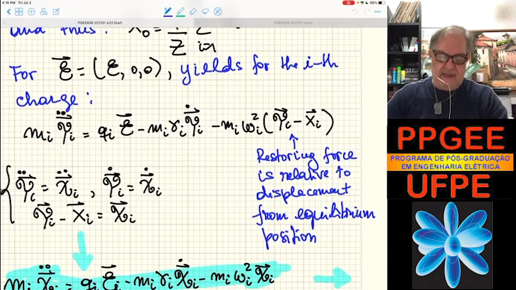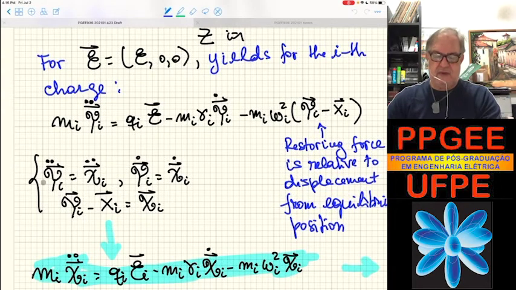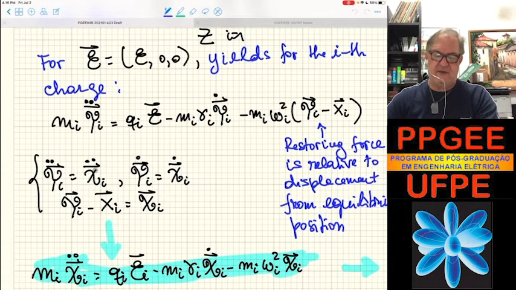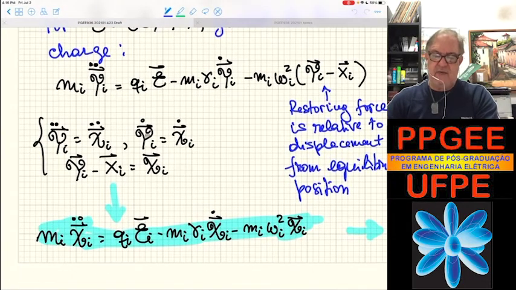But notice that the second derivative of the absolute quantity equals the second derivative of the relative position vector, because the equilibrium position has zero time derivative. Same thing for the first derivative, and yi minus x equilibrium i equals the relative displacement. So the differential equation can be written entirely in terms of the relative displacement, right?